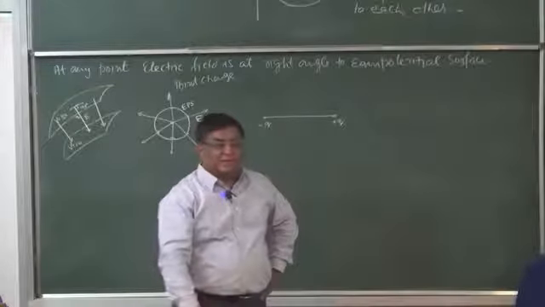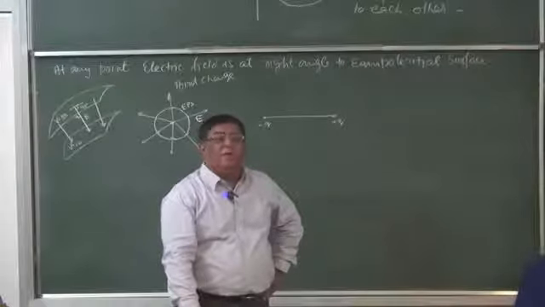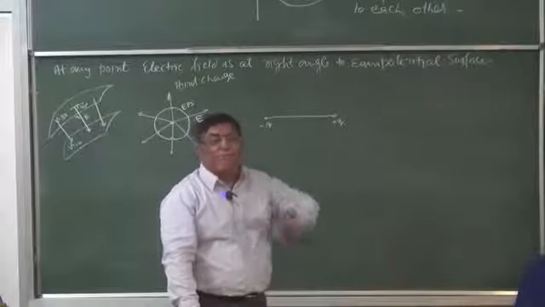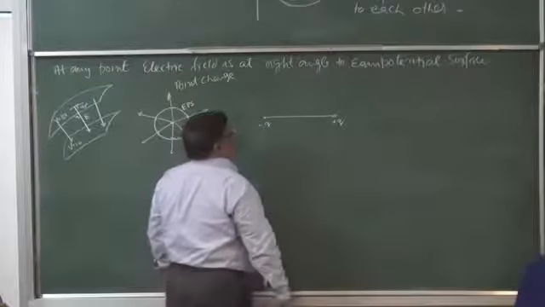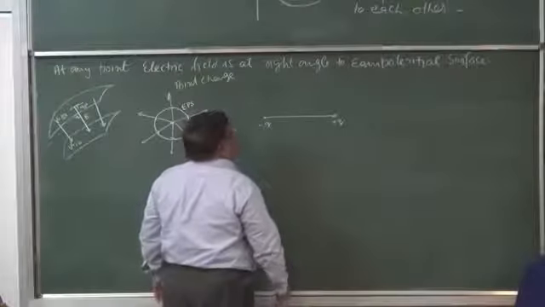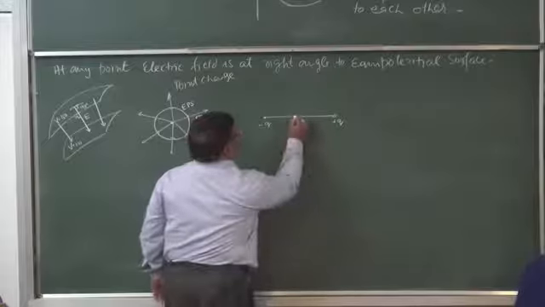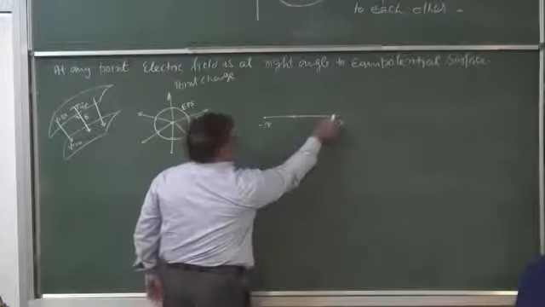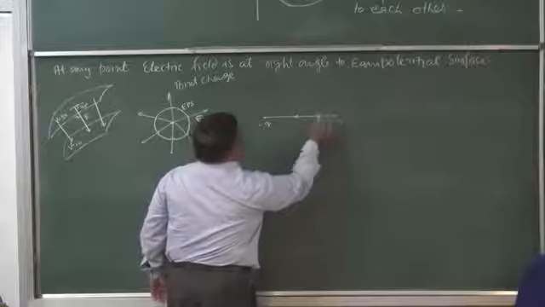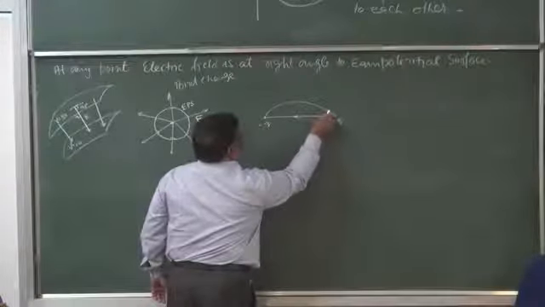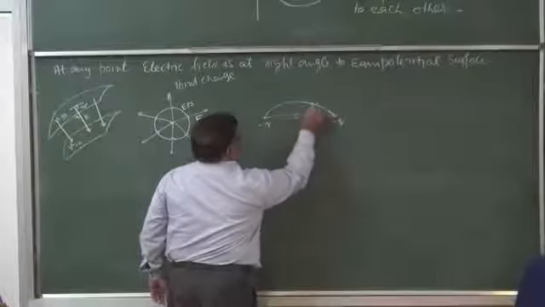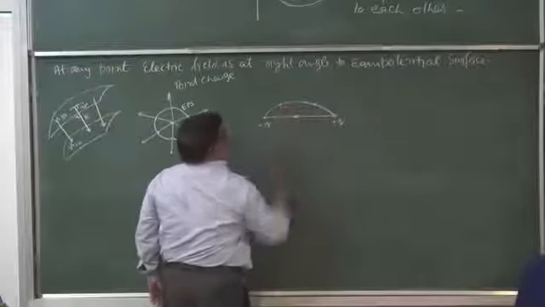Any shape which is given to you, first draw electric field lines. Electric field lines start from positive and end at negative. Right angle to this, right angle to this.